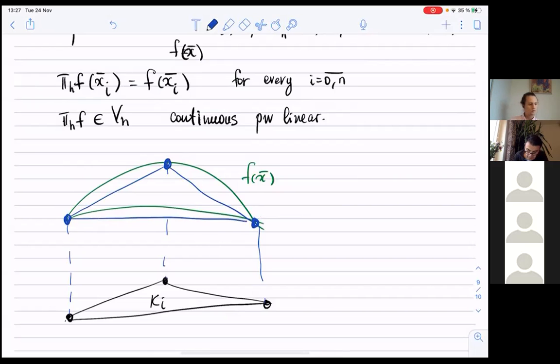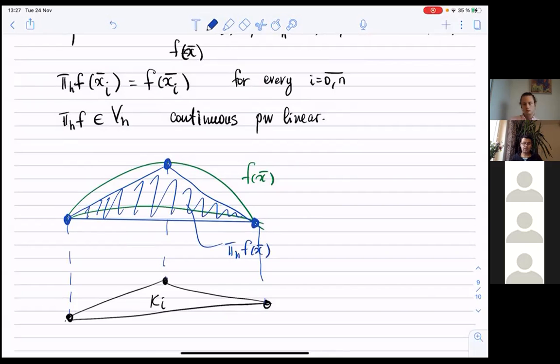I need to try to draw it straight like this. So this little surface here is going to be the interpolant of f. This was for this triangle. If you go to the neighboring triangle, you have to think that we glue this edge, so there's no discontinuity. These functions should be continuous. The neighboring one should be another surface which aligns with this function of x at given points, so at the vertices of the surface.